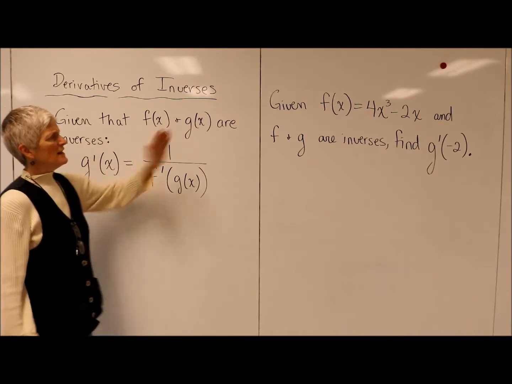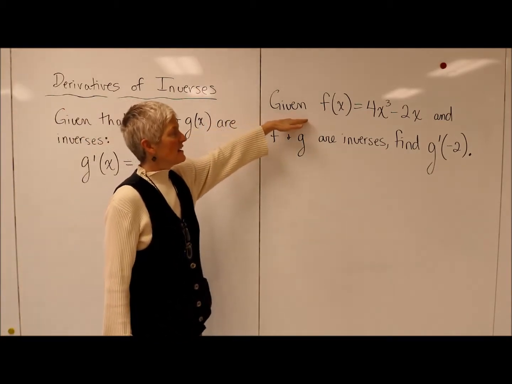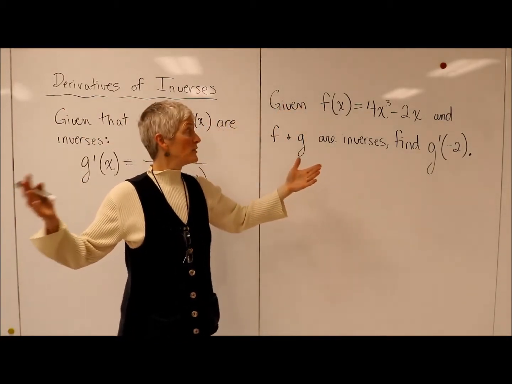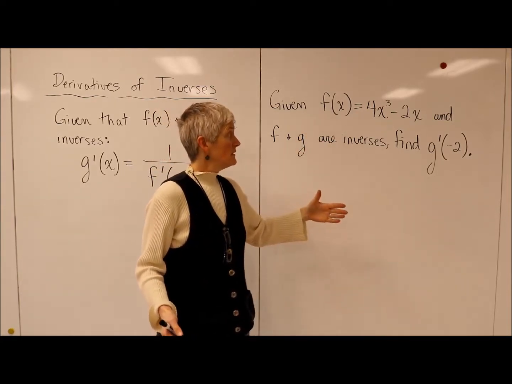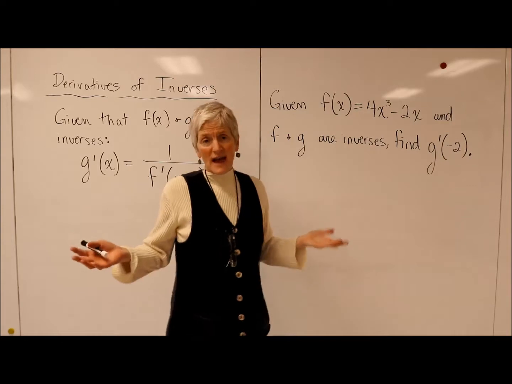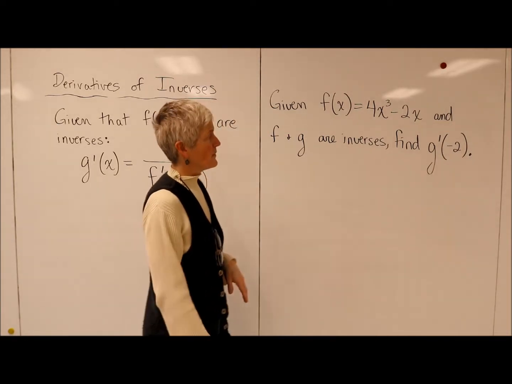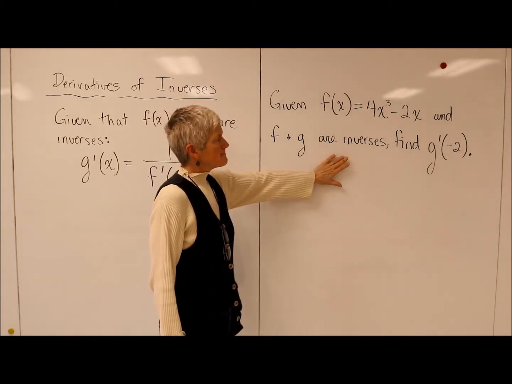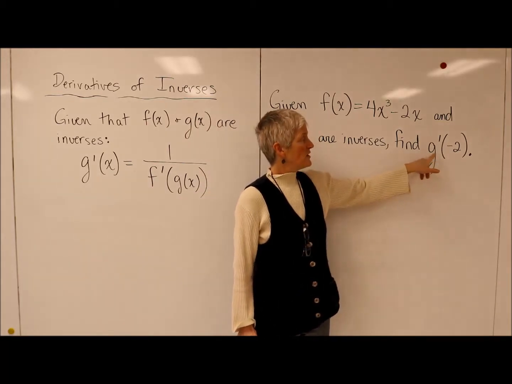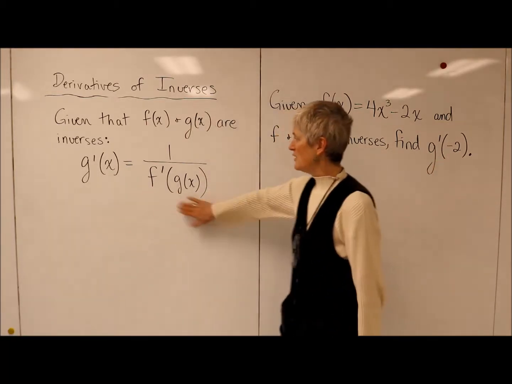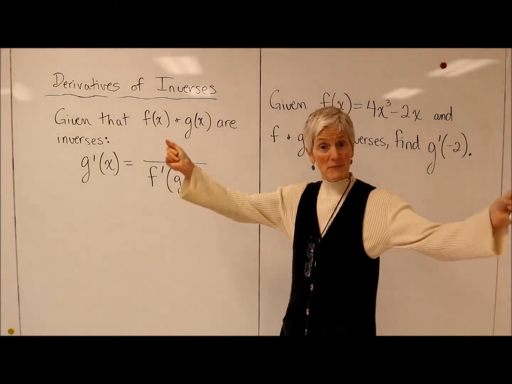Sure. So let's look at this problem which we just did the basic way, which was finding g of x, the inverse of f of x, and then taking the derivative. We did that using implicit differentiation, if you remember, and then finding the exact value. We want to find the value of g prime of negative 2. But let's see if we can use this handy thing, shall we?